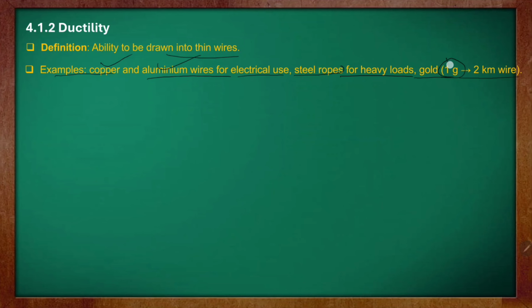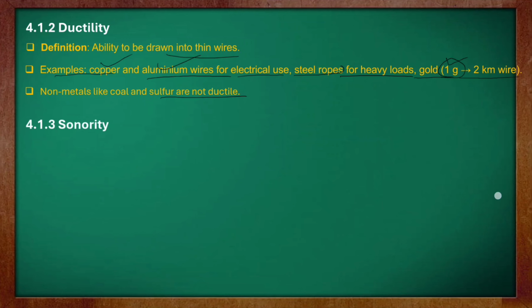But gold is one of the most ductile metals. Non-metals like coal and sulfur are not ductile, and they cannot conduct heat as well as electricity, which is also one of the properties of these materials.